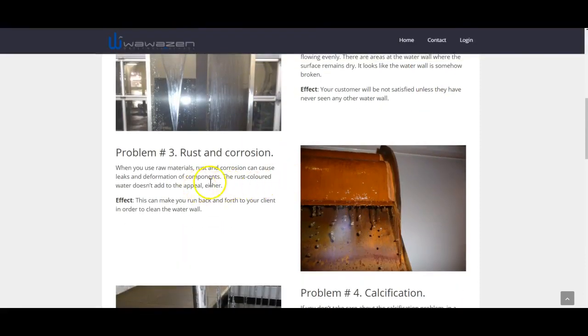Then a real serious problem is rust and corrosion. If you don't take care of that, you might get water leaks which result in water damages. So you should not use materials which tend to rust.